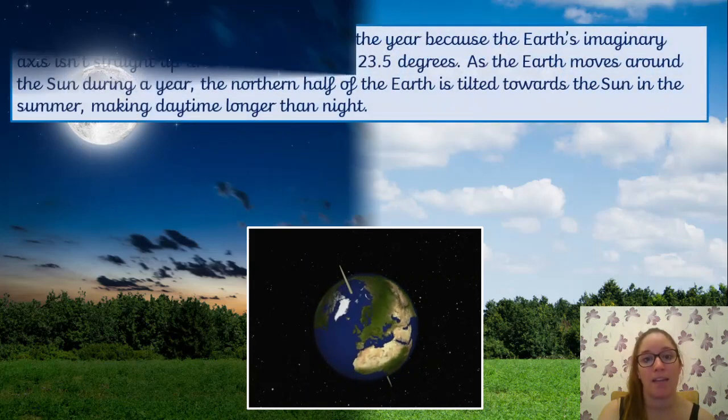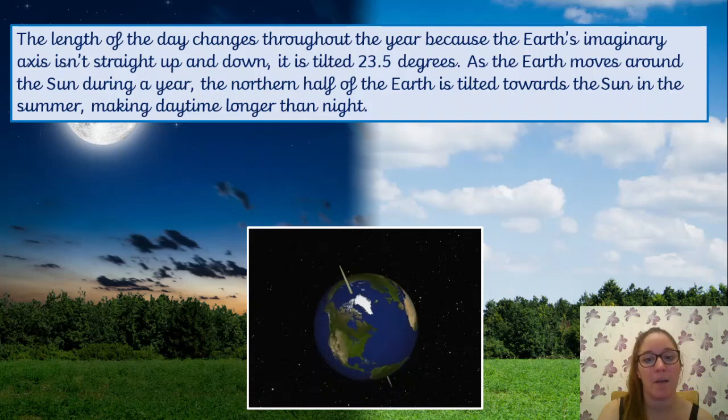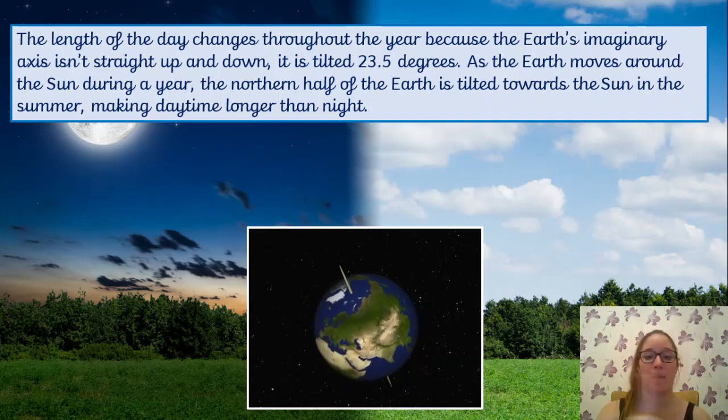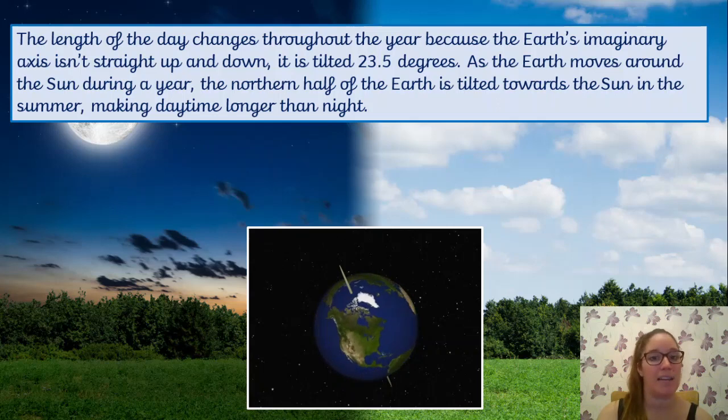Okay, so that was a really interesting video, and it really helped to explain why we have different lengths of days, so the amount of light in the day. It was helpful, because if the axis was straight and we just rotated on our axis, there'd be 12 hours of daylight, 12 hours of nighttime, but that's not the case.